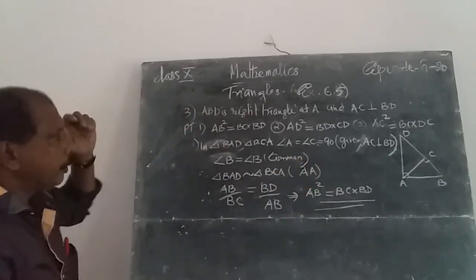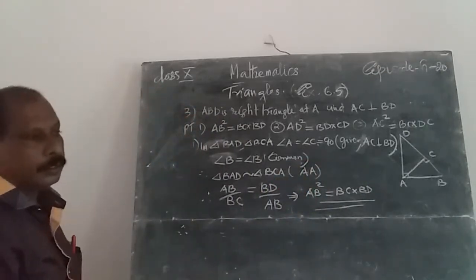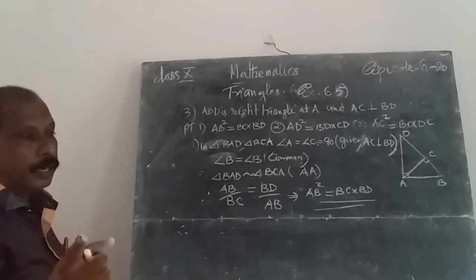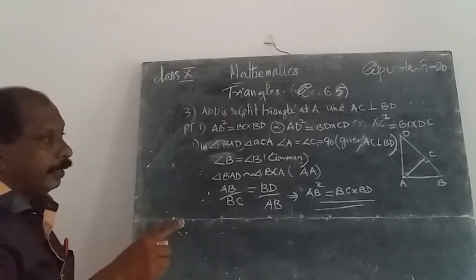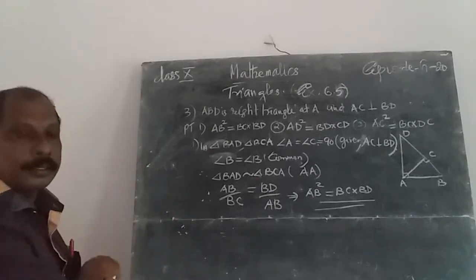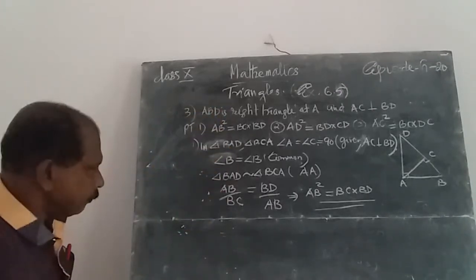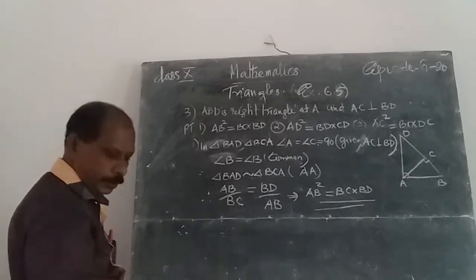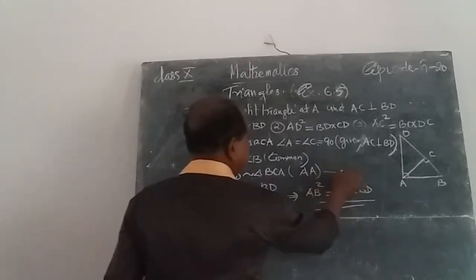Clear? Then for the second result, consider the right angle triangles BAD and DCA. This is equation number 1.